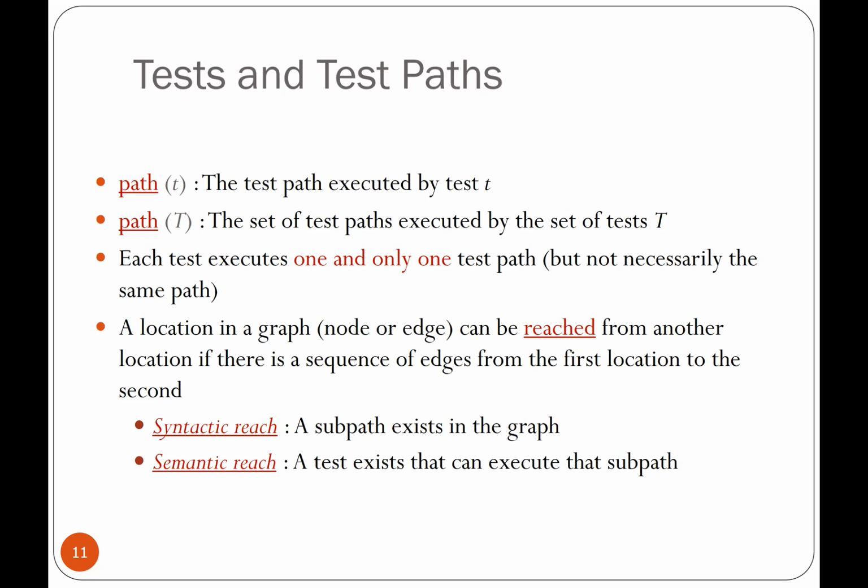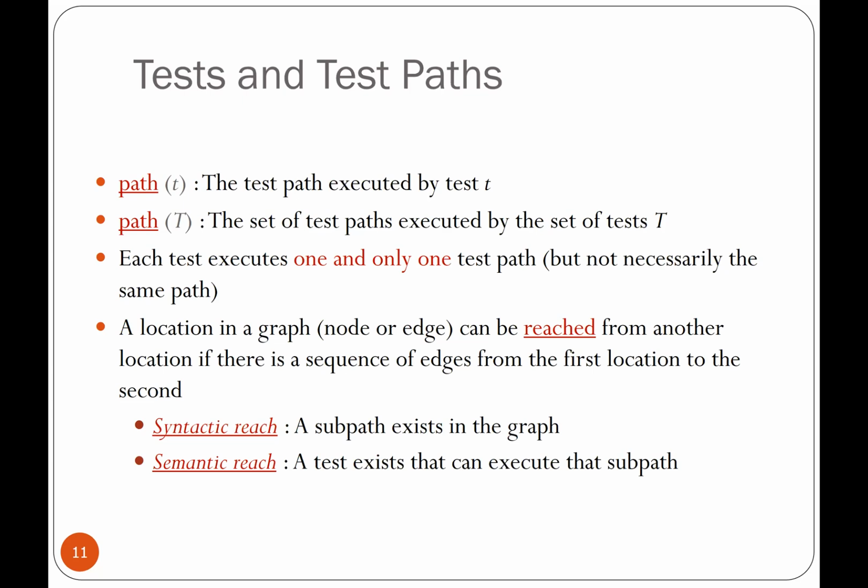A location in a graph, be it a node or an edge, can be reached from another location if there is a sequence of edges from the first location to the second. In other words, there has to be some sort of physical connection that connects us to it.